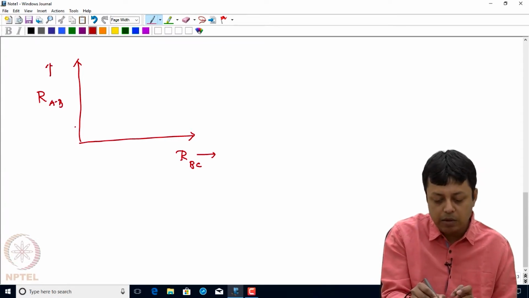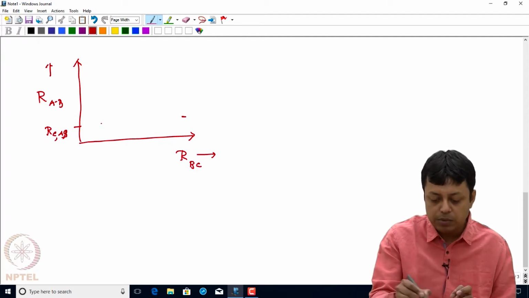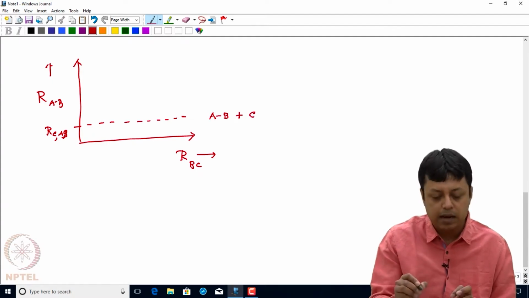So around here, when the AB distance has the equilibrium bond distance for AB, this position corresponds to basically a stable AB molecule plus a C is attacking.